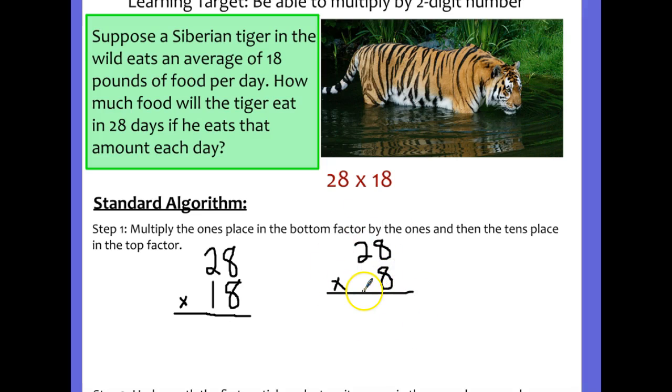Okay, now this looks pretty familiar because this is what we did in 4th grade, multiplying one-digit numbers. So let's go ahead and find the product of 28 times 8. 8 times 8 is 64, so I'm going to regroup my 6 into the tens place, and I'm going to put my 4 down here in the ones. 8 times 2 is 16, and then 16 plus 6 is what? 16 plus 6 would be 22.